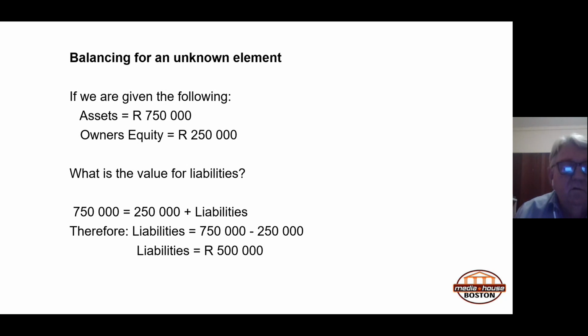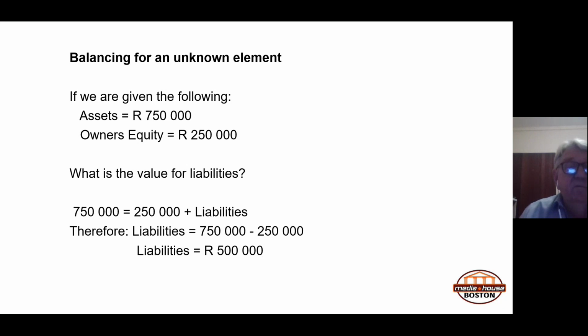Assets is equal to owner's equity plus liabilities. So that is the equation. We take our 750,000 assets, which is equal to owner's equity of 250,000 plus liabilities.